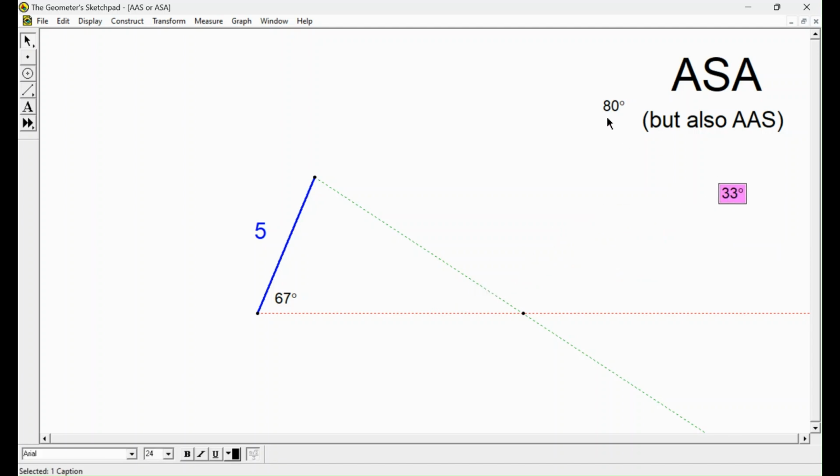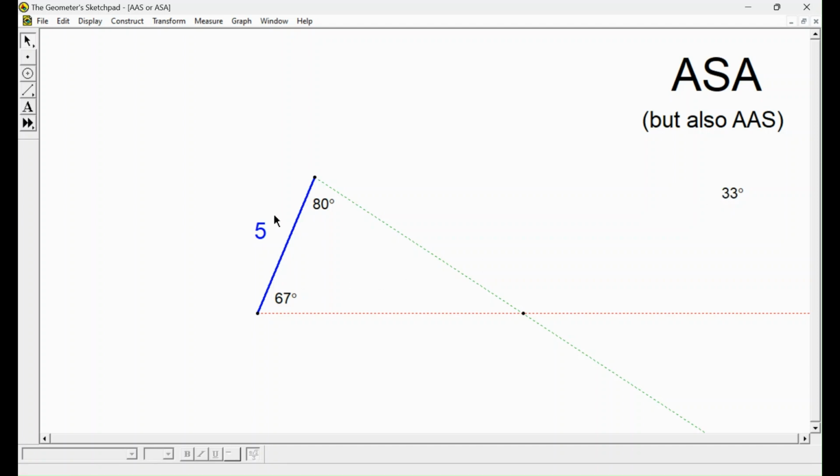By contrast, I would call this an angle, side, angle situation because the side we know is between the two angles.